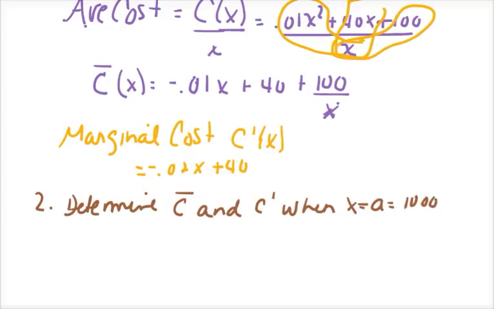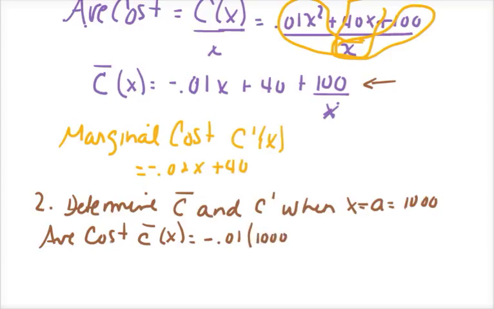So the average cost, C bar of x, you're going to plug it into the function. Okay, so that's negative 0.01 times 1000 plus 40 plus 100 over 1000. And the answer there is 30.1. We'll interpret them in a minute.